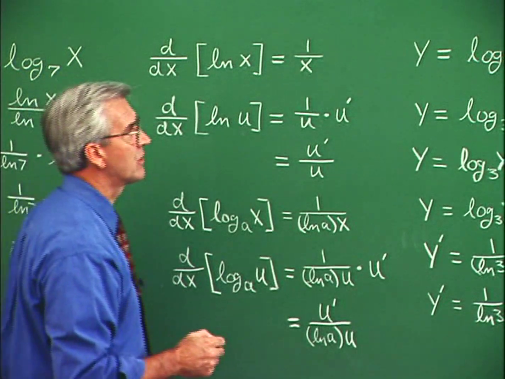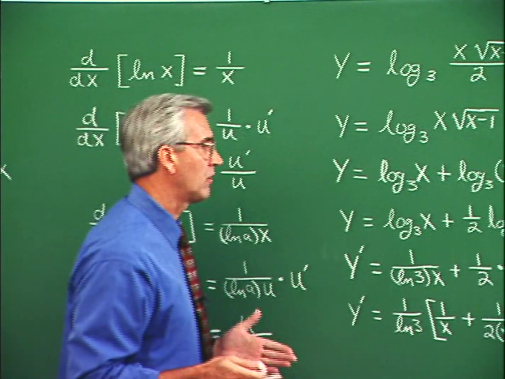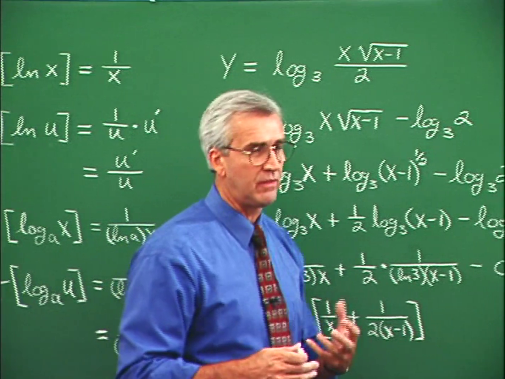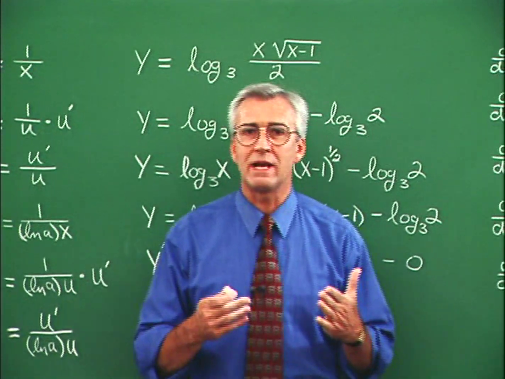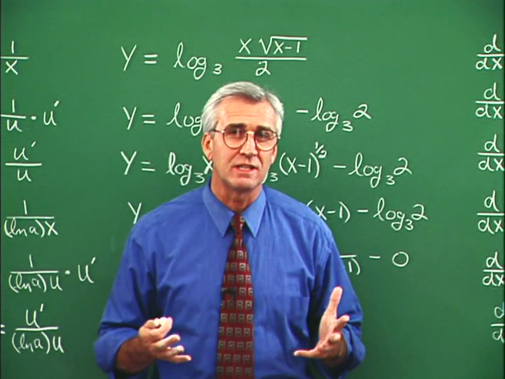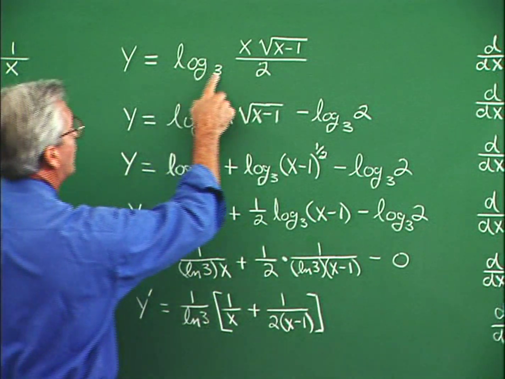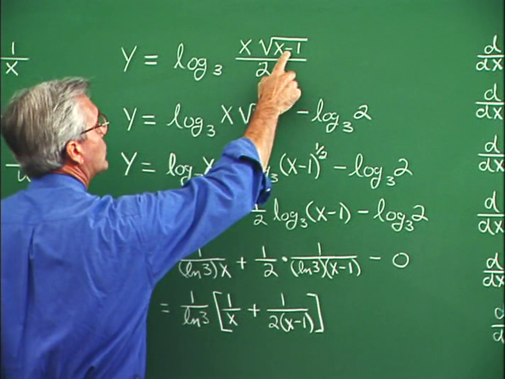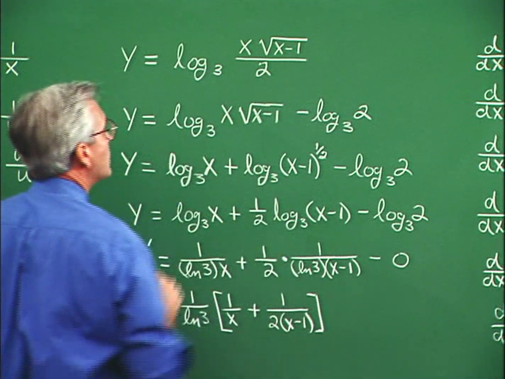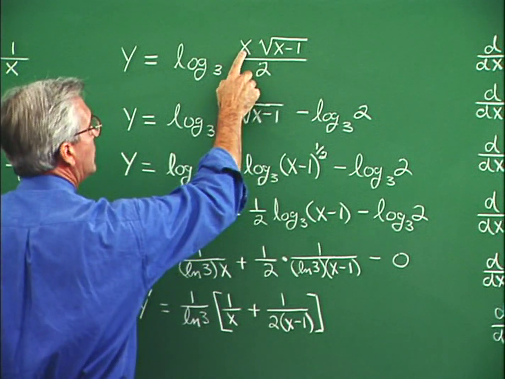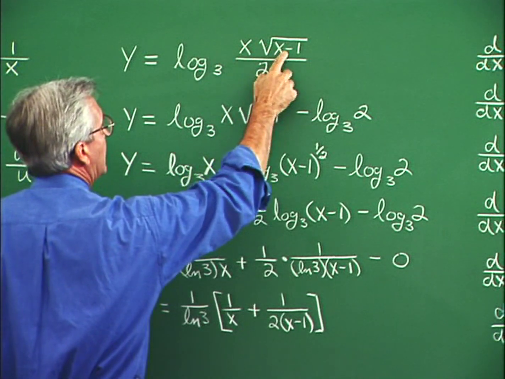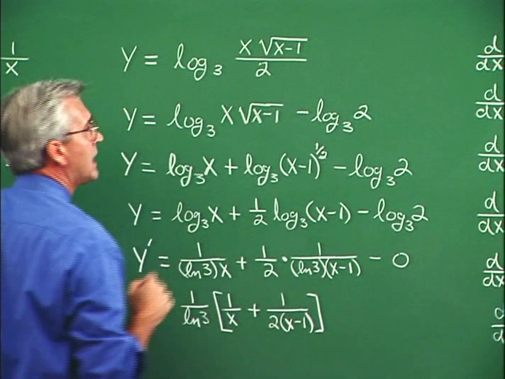Well, let's consider a problem. The neat thing about working with logarithms is that there are so many forms, so many manipulative opportunities, and we can take advantage of that in a problem like this. We have log base 3 of x times the square root of x minus 1, over 2. Now notice that in the numerator we have a product, and all of this is a quotient.